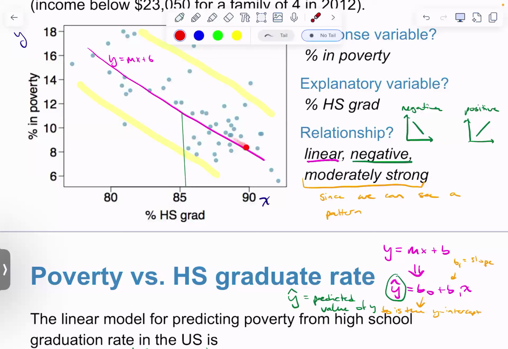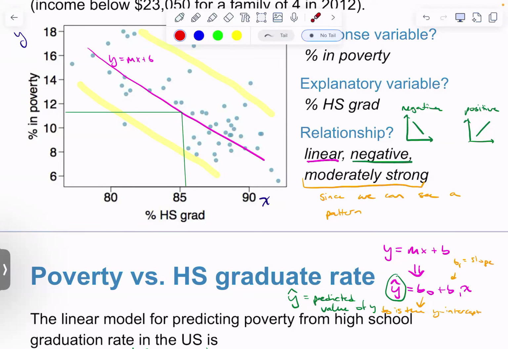Now, this is kind of my fake line. Obviously, I don't have the real line on there, so I can't draw that by just eyeballing it. But I anticipate that the percentage in poverty might be somewhere between 10 and 12, depending on how good I was at drawing this line of best fit.